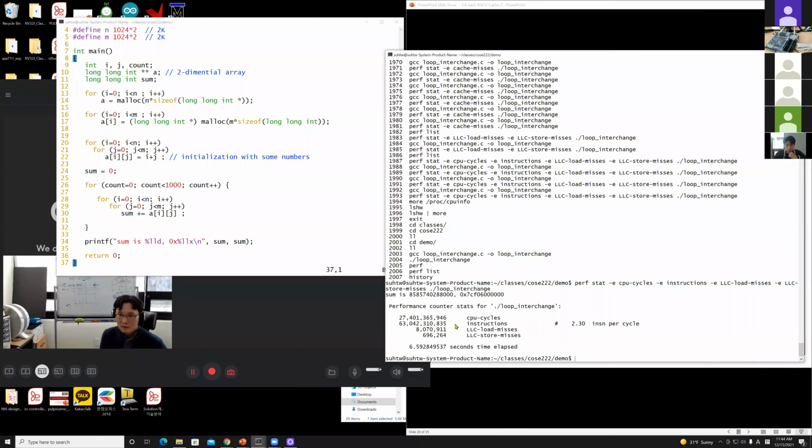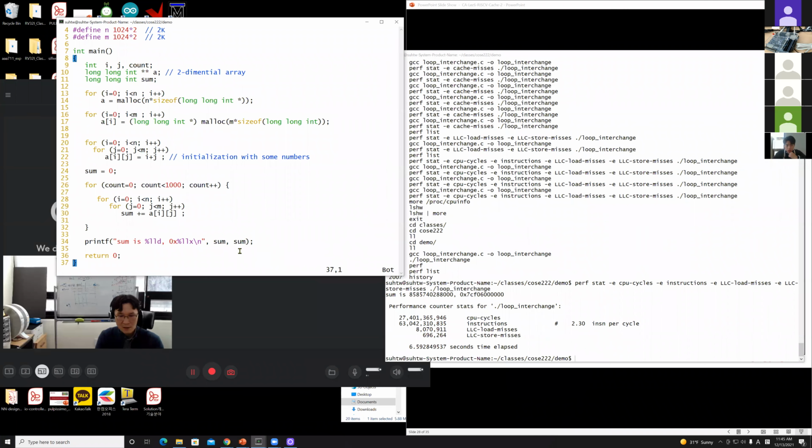And 63 billion instructions to run your program, right? And then how many misses? 8 million load misses, 8 million read misses, right? And roughly 700,000 store misses, okay, for that program.